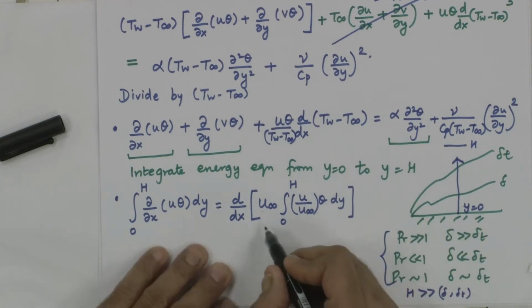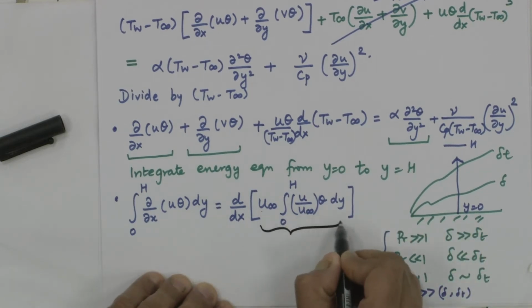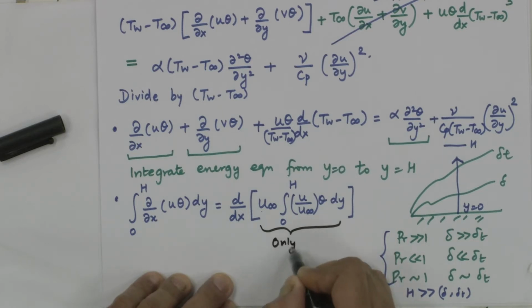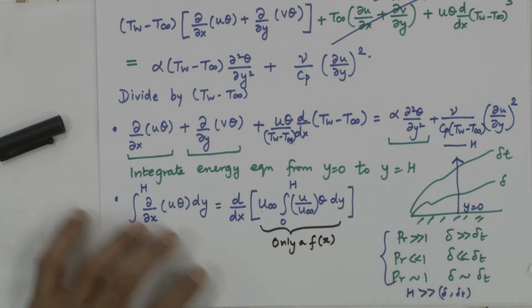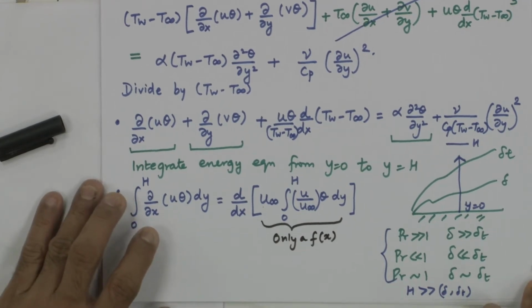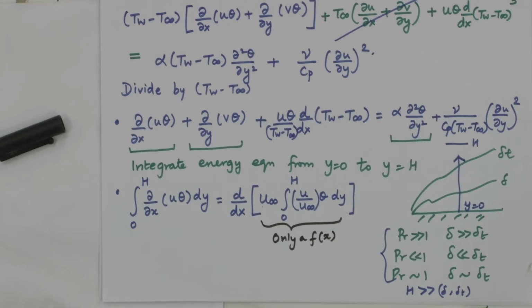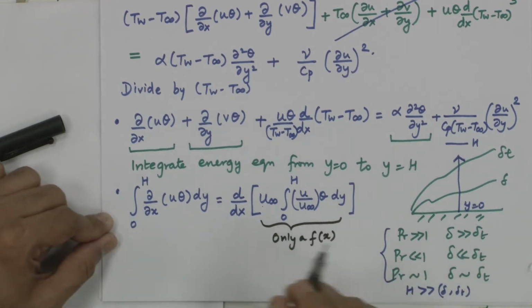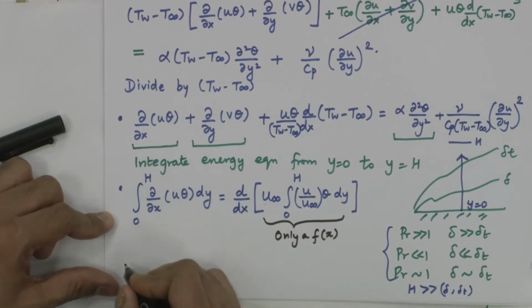That means after evaluating the integral, the result is only a function of x, right? You can do it with any arbitrary function. After you carry out the integration and put the limits, you will get only a function of x, and therefore your differentiation after that, which is a partial derivative, will now become a regular derivative. This is very, very important, and makes our life easy.